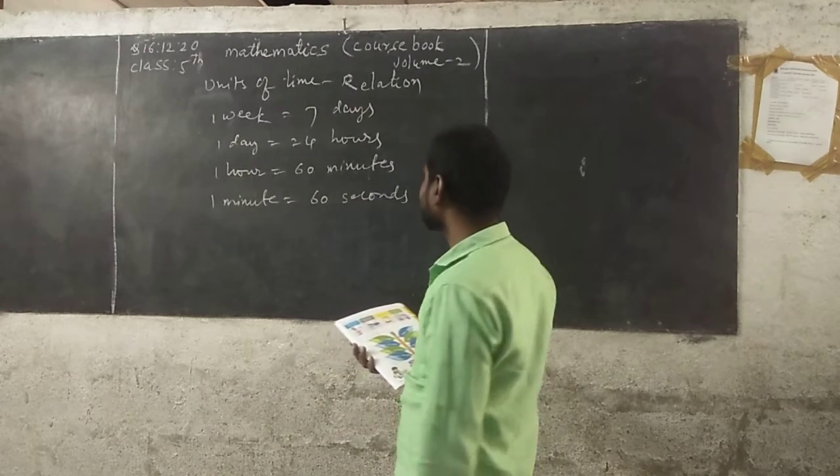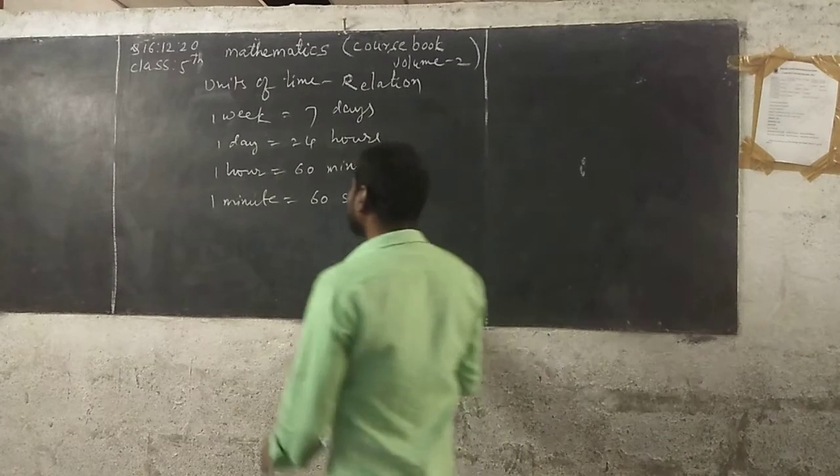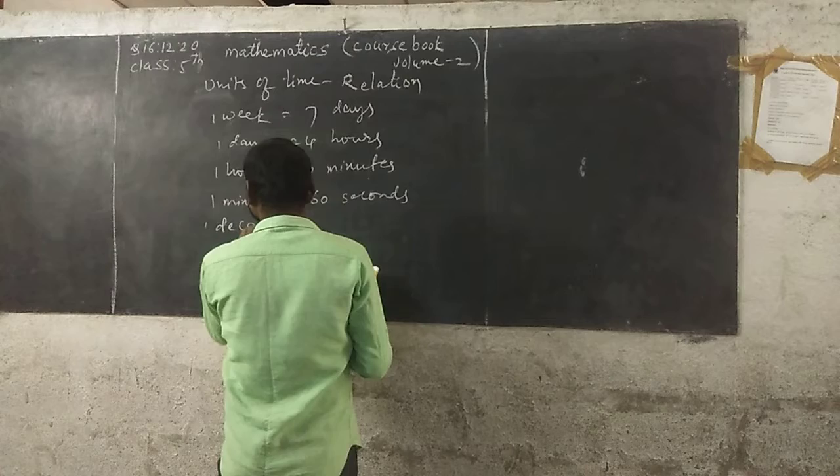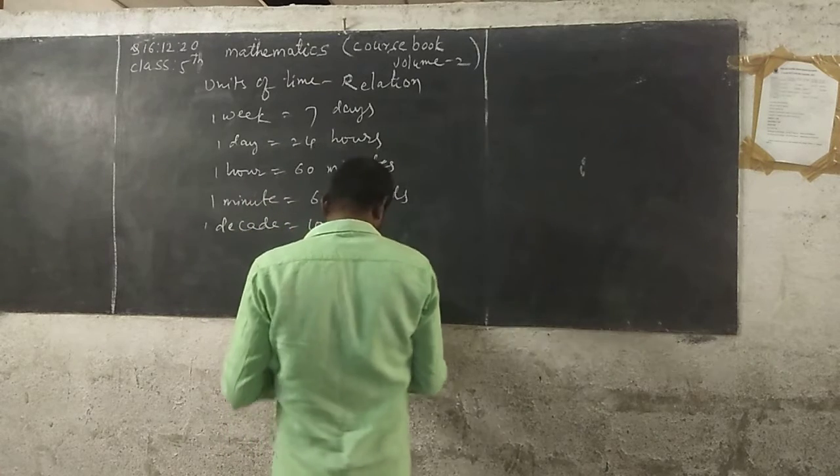Now next, 1 decade is equal to 10 years, beta.